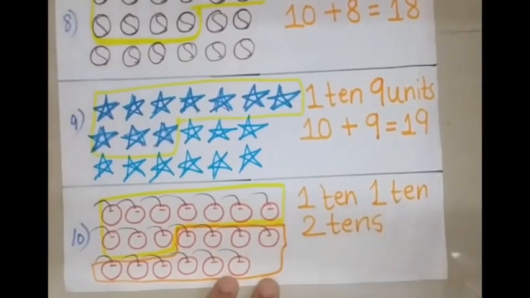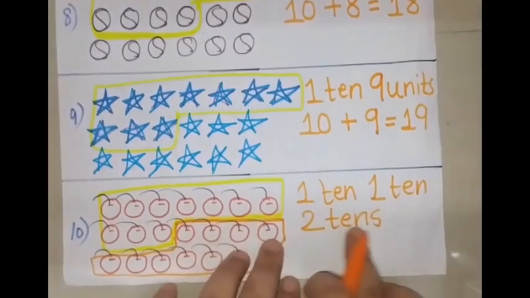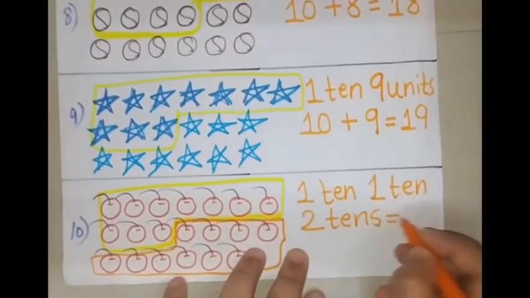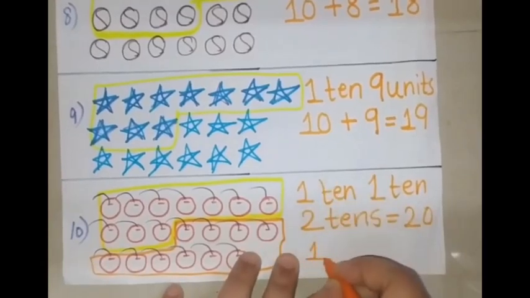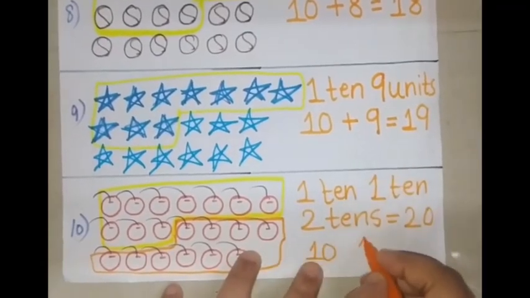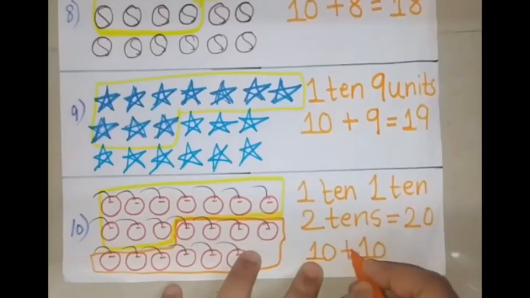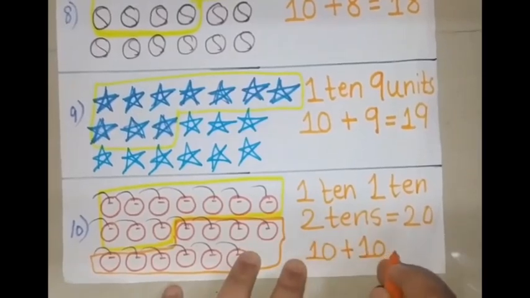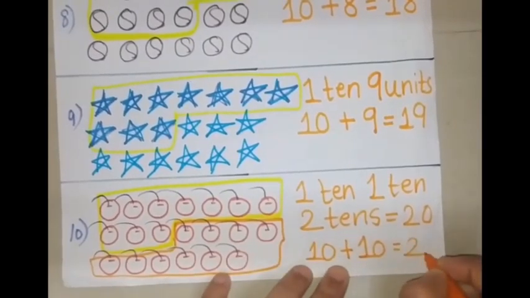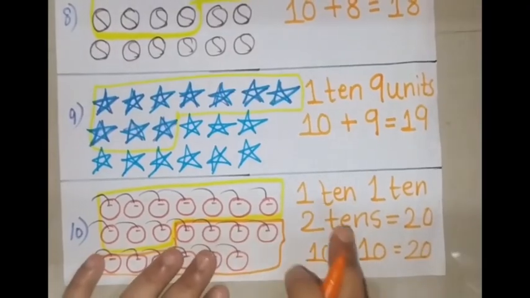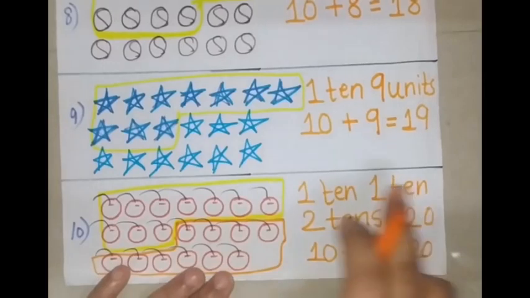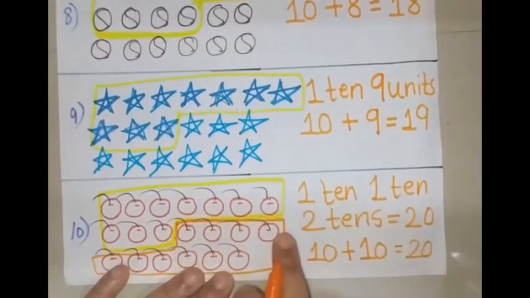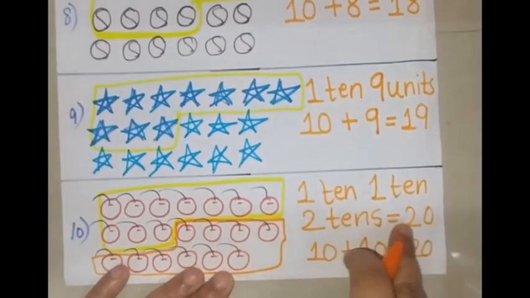So 2 tens means 20, because 1 ten means 10 and the other 1 ten also means 10. So when we add 10 plus 10, that is equal to 20. So either we write 1 ten and 1 ten, which is also 20, or we write 2 tens, that is equal to 20.